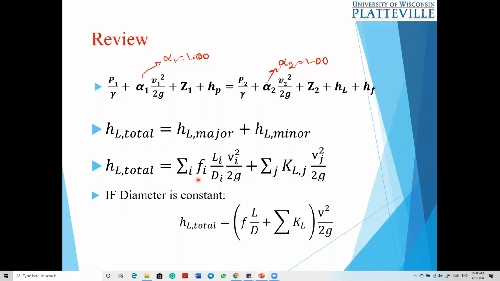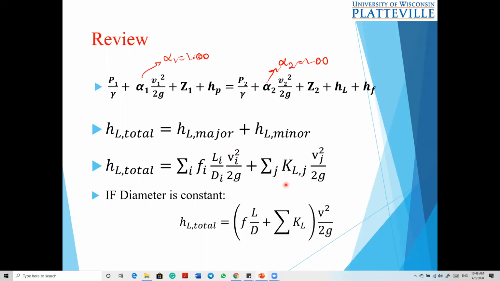It depends on the coefficient of losses that we can find from the Haaland equation or from Moody's diagram, which is the topic for next lecture. It depends on length, diameter, and velocity head. For minor losses, it depends on the KL value. KL value is the minor loss coefficient.